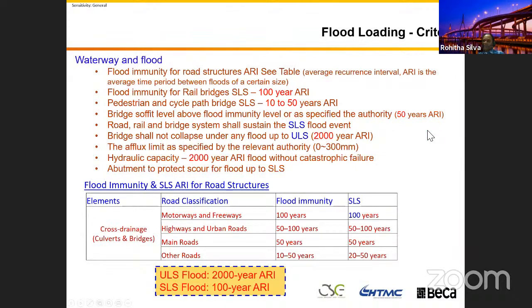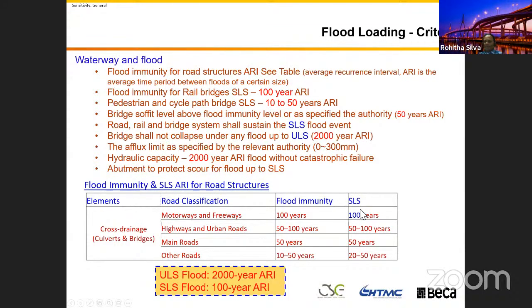I think I explained this in detail in my previous session. I put the same slides in here for you to understand. When we are designing the bridge loading, we need to have two limit state conditions, ultimate limit state and serviceability limit state. For the flood design, we use the serviceability limit state, again depending on the type of bridge, where it's located, and how important the bridge is.